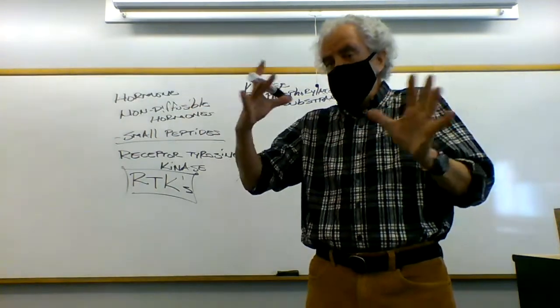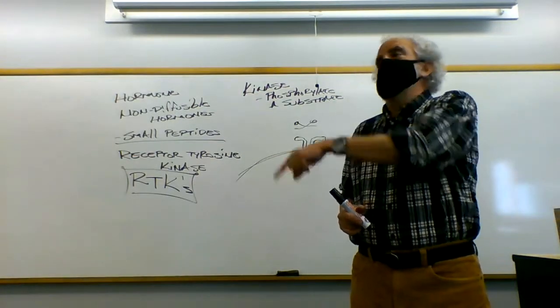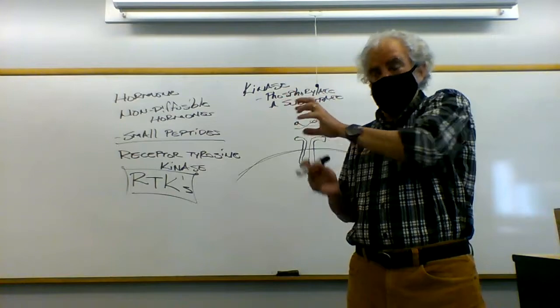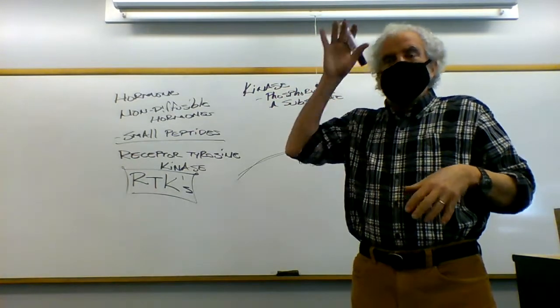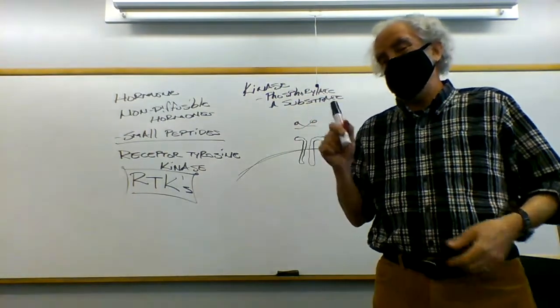And so we can define kinases into these two classes. Tyrosine kinases, those are big-time cell signaling systems. Non-tyrosine kinases, they are involved in transferring energy, but they're not doing cell signaling.